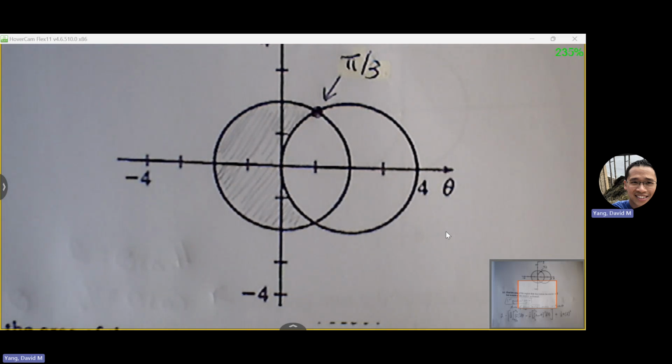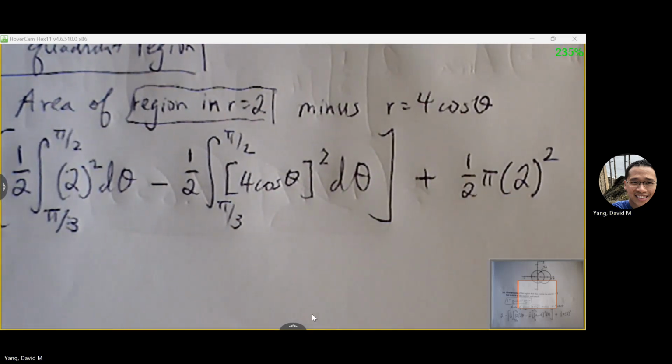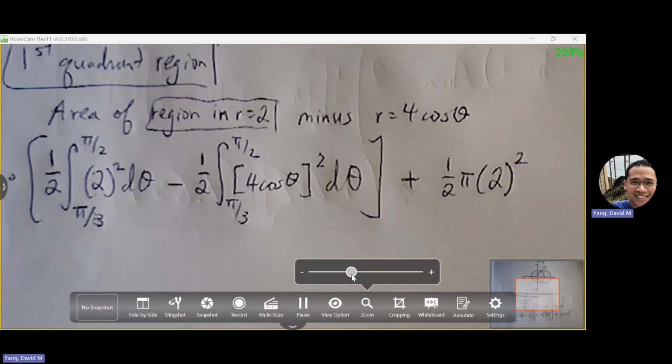So if I take my entire green region and subtract out that brown region, then what I have left is that shaded region that I'm really after. And if I can figure out that part, then I can just double it for that fourth quadrant that I see.